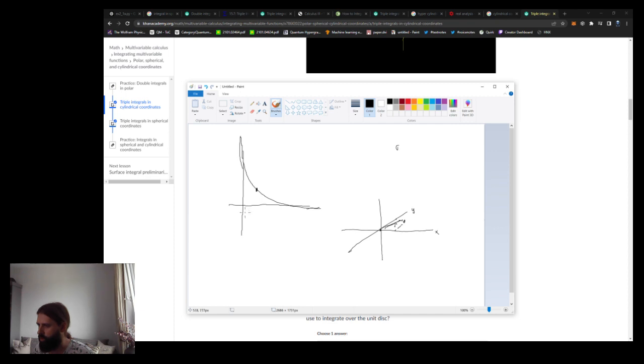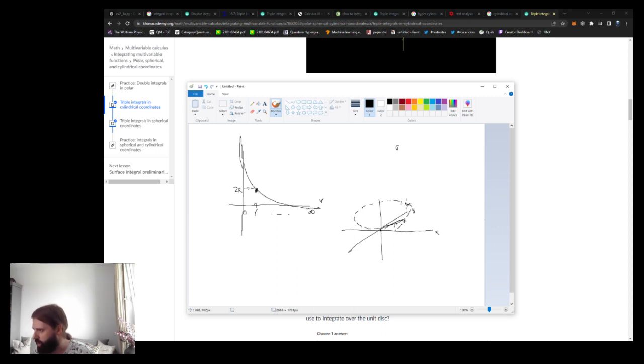So this is 0 and infinity, and this is the radius. For this radius here, they're all going to have the same ZR, and all the elements that have the same radius are going to have the same ZR.